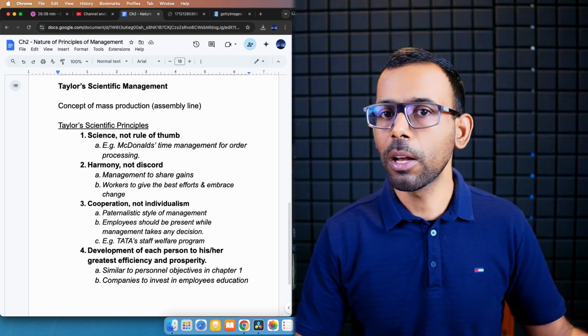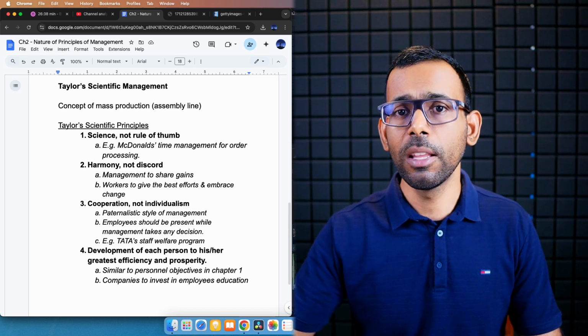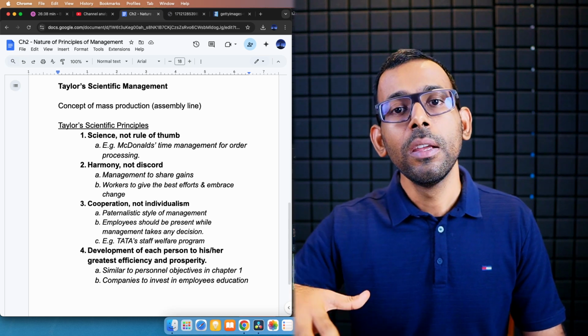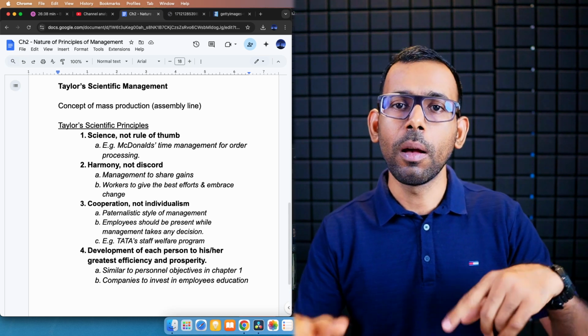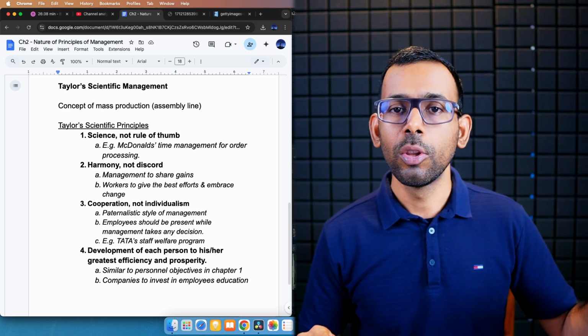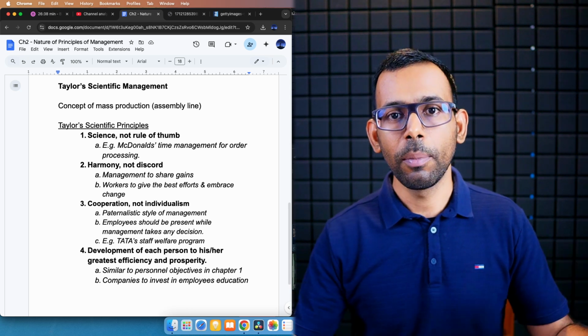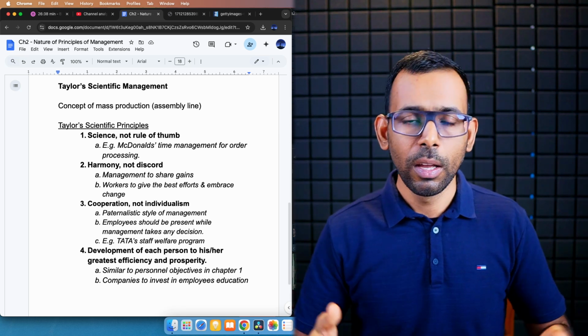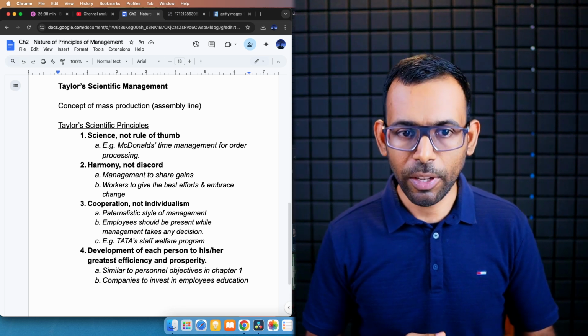Ultimately it will also benefit the company. Both parties get the benefit, because the employee can put on his or her resume that they have learned that skill, and the company benefits because the employee can apply that skill to the company's process, so things get done faster. So these are the principles of Taylor's scientific management.